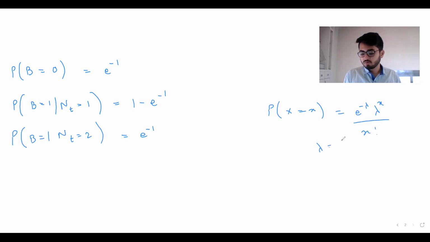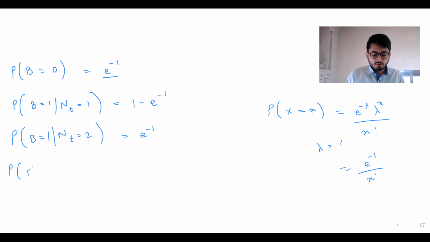Now lambda is equal to 1. So we are left with basically e to the power minus 1 by x factorial. When you put x as 0, you get 0 factorial in denominator, which is 1. Again, when you put x as 1, you get 1 factorial in denominator, which is again 1. So therefore, probability B equal to 0 is nothing but same as probability B equal to 1 given nt equal to 2.